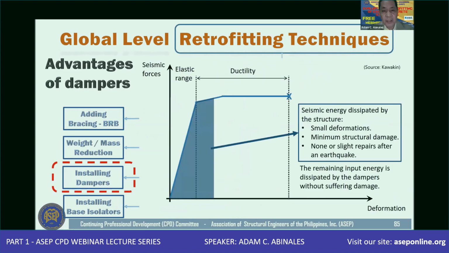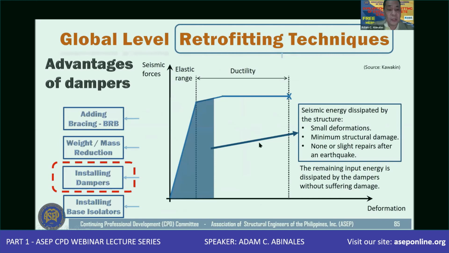So what happens if the building has dampers? Going back to the graph before, you have the force and displacement curve, wherein you design your building within the code, within the elastic range, and you know for a fact that you still have that ductility of the structural elements. It can absorb further deformation.